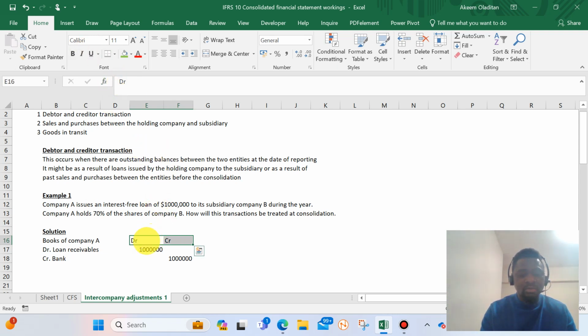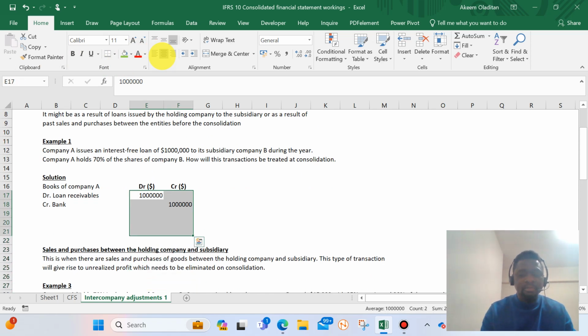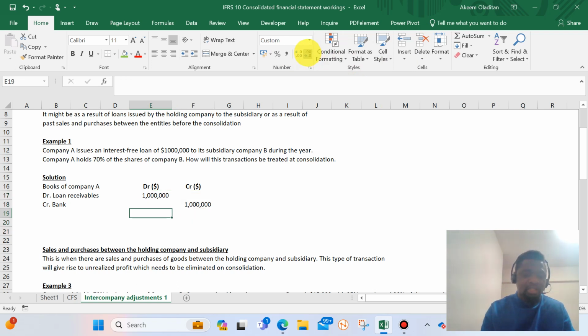Let me put the dollar sign here, in the middle so that it will look nice and sharp. So this might have been what was posted in the books of Company A.